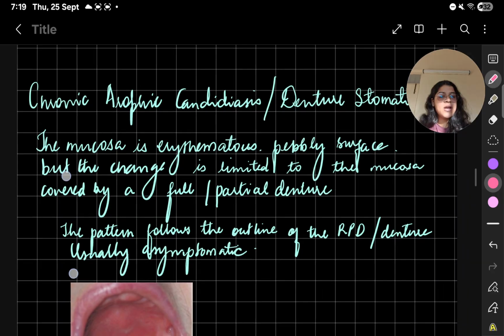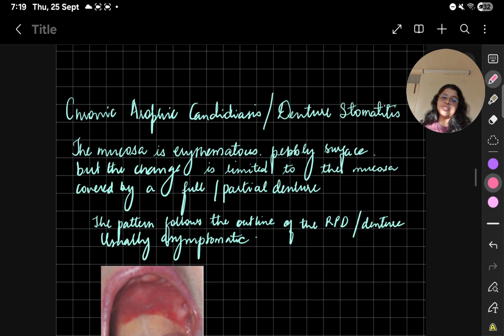Next we move on to chronic atrophic candidiasis, or denture stomatitis. As the name suggests, denture stomatitis is redness where there is a denture base. So the mucosa is erythematous. Atrophic, so the mucosa is also atrophic. There could be a pebbly surface where there is the denture, and the change is limited to the area where the RPD denture is worn.